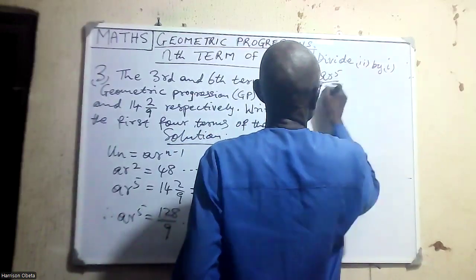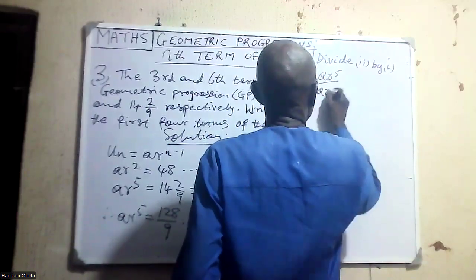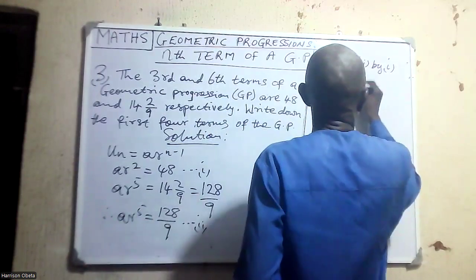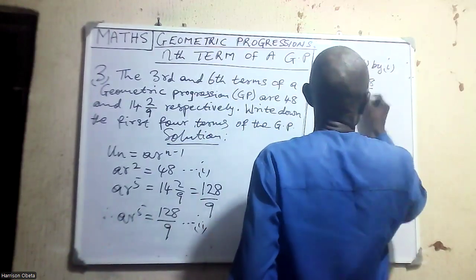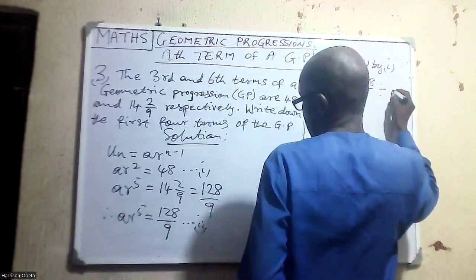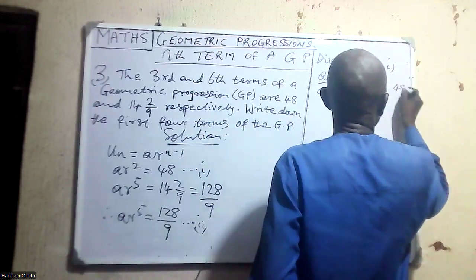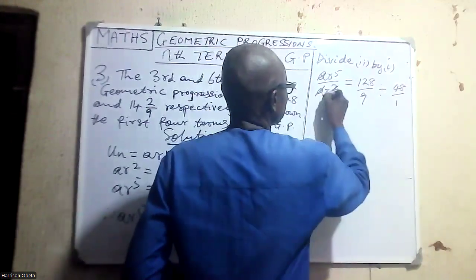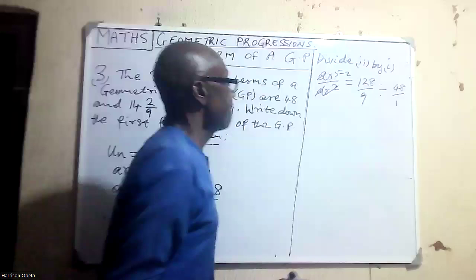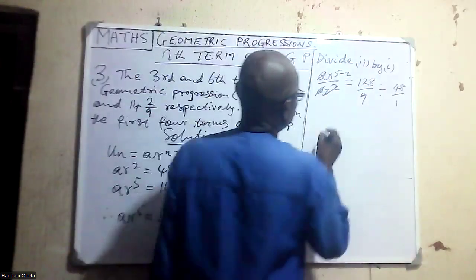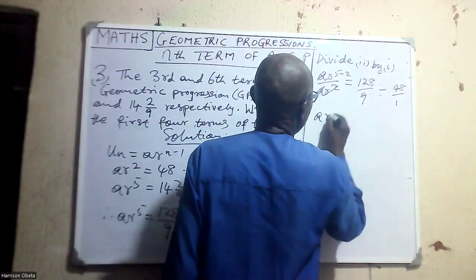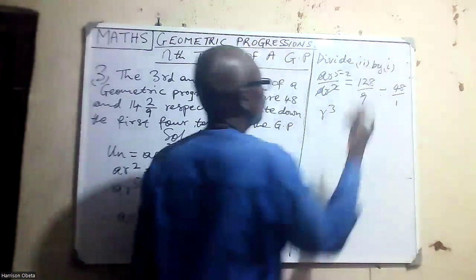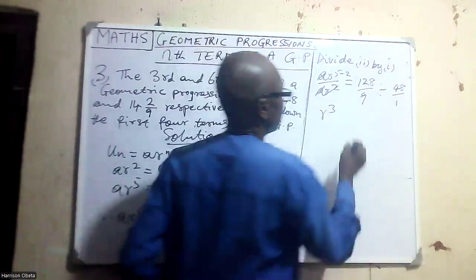AR raised to power 5 over AR raised to power 2 is equal to 128/9 divided by 48. This gives R raised to power 3, because the power remains 3 after subtraction.